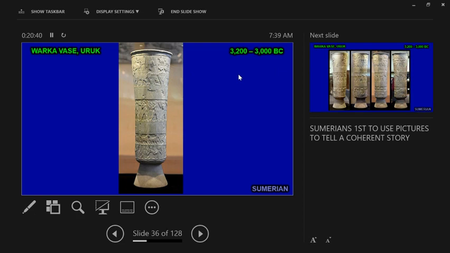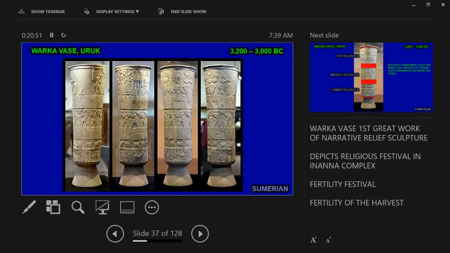And the Sumerians were the first to use pictures to tell a coherent story, and this is the object that tells that story. The Warka vase is the first great work of narrative relief sculpture, and it depicts an ancient religious festival in the Inanna complex. It's a fertility festival, but it's a fertility of the harvest.